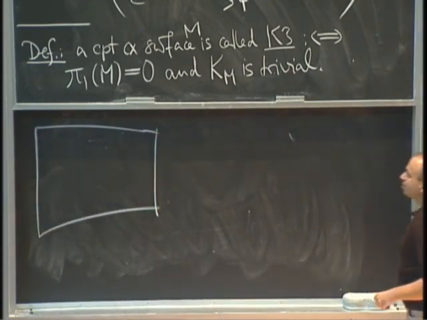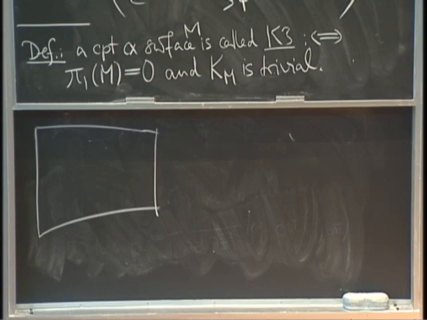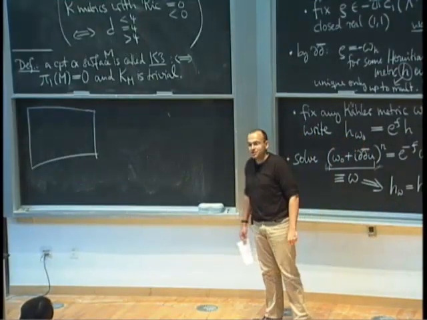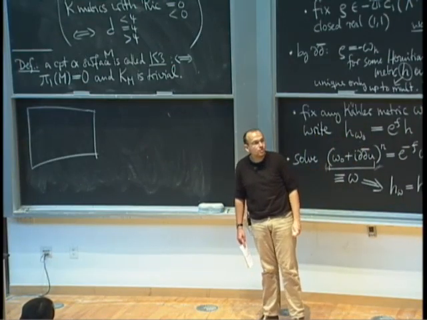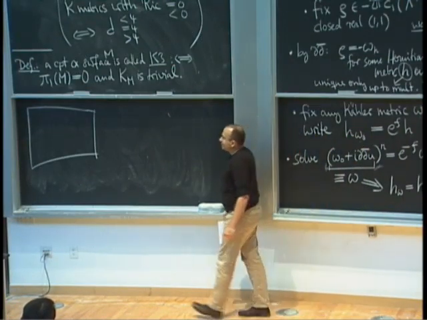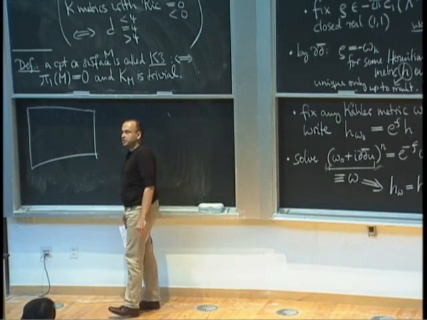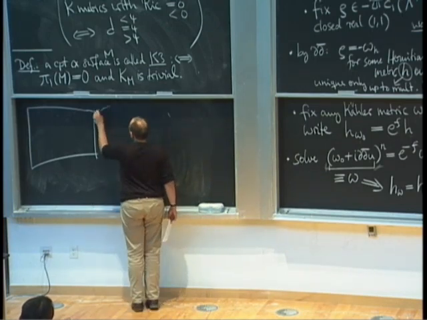There's something pretty interesting going on. It was noticed a long time ago by Kodaira and Spencer in the 50s or 60s, long before anything like Yau's theorem was proved, that the space of K3 surfaces is 20-dimensional. It's the space of all K3s.